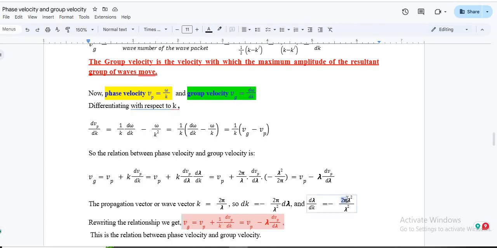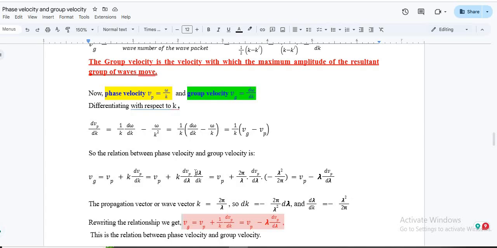So if you have dk d lambda, this is minus of 2 pi divided by lambda square, and d lambda dk will be minus of lambda square by 2 pi.